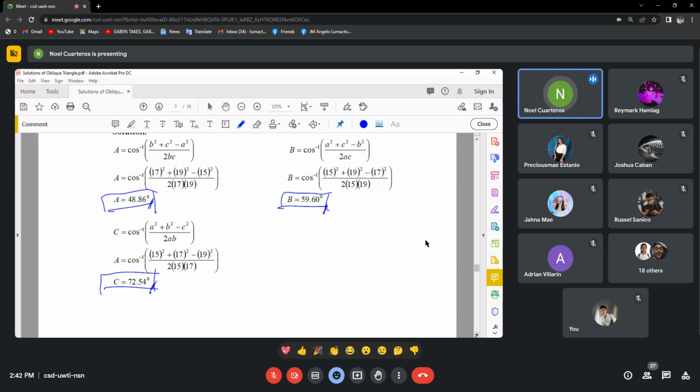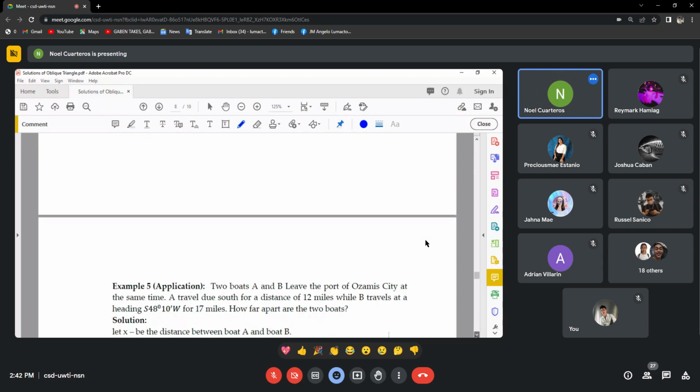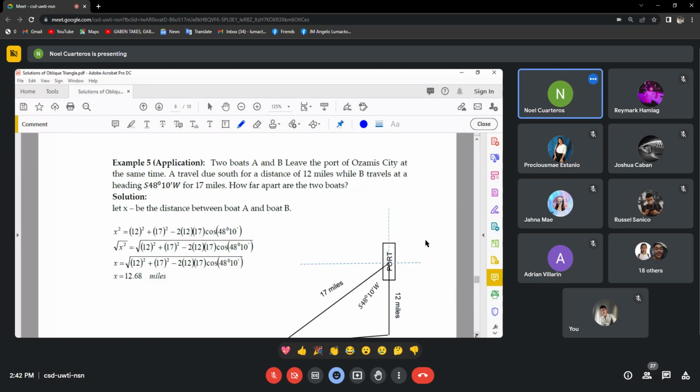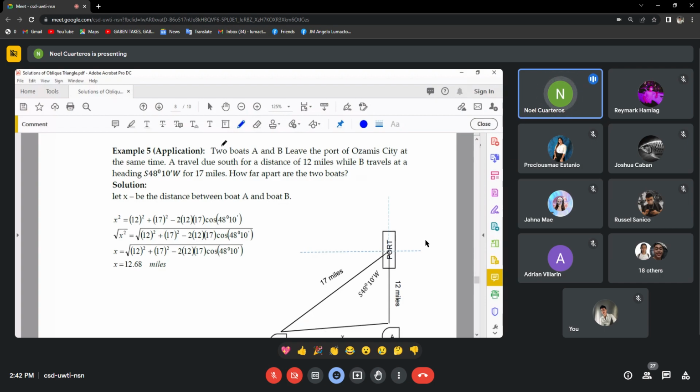If none, then let us apply this in an application. Two boats A and B leave the port of Sami City at the same time. Boat A travels due south for a distance of 12 miles, while boat B travels at heading south 48 degrees 10 minutes west for 17 miles.